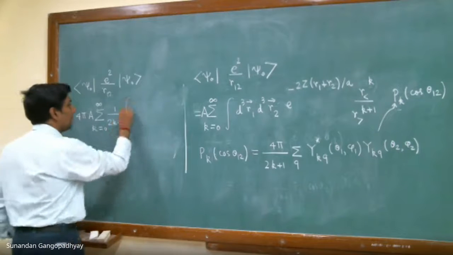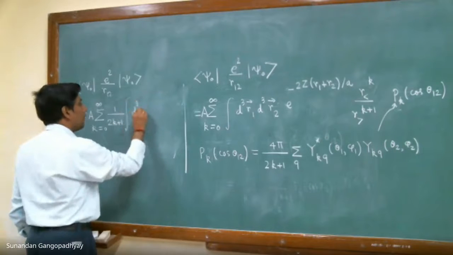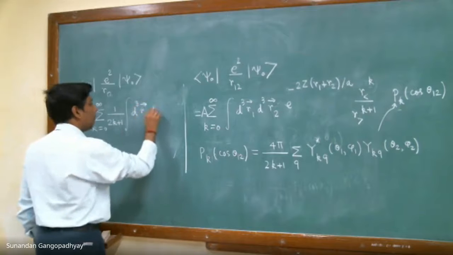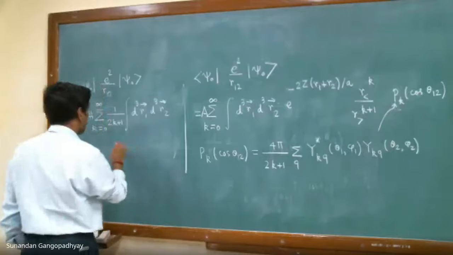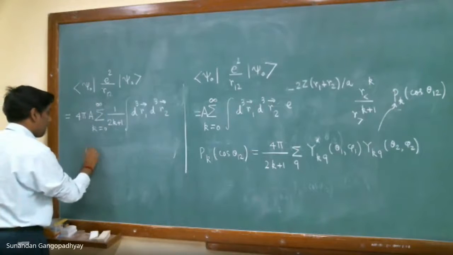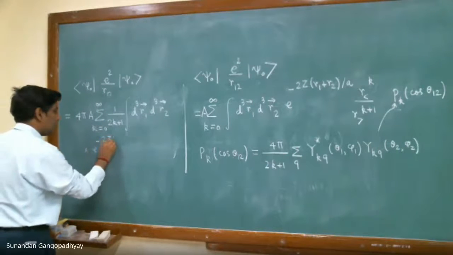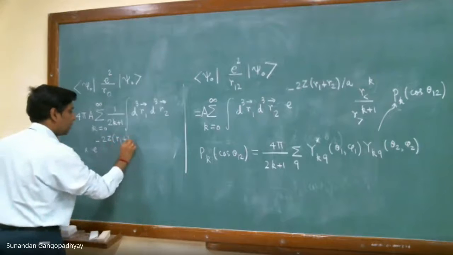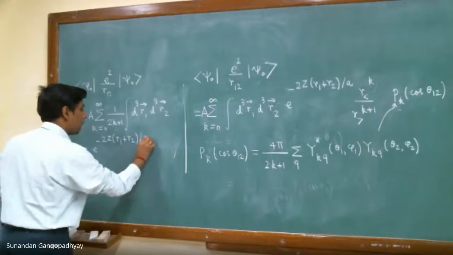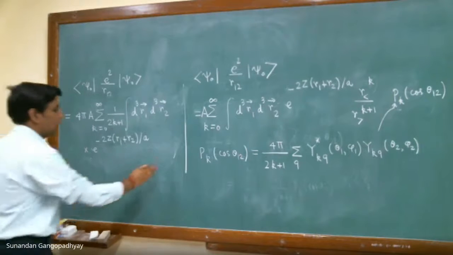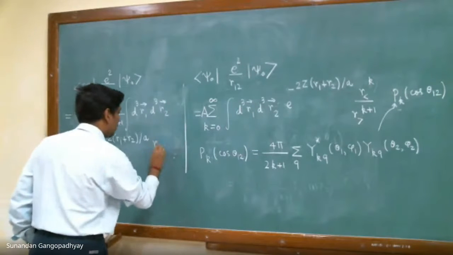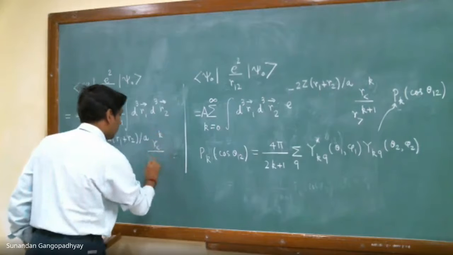And then we have integral d cubed r1 d cubed r2 e to the power of minus 2z (r1 plus r2) by a, and then we have r less, r greater.